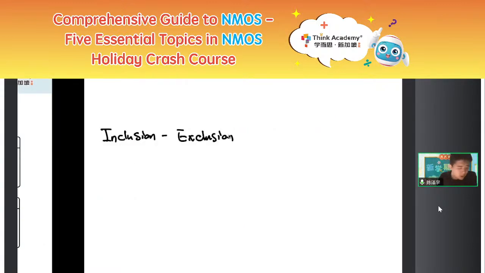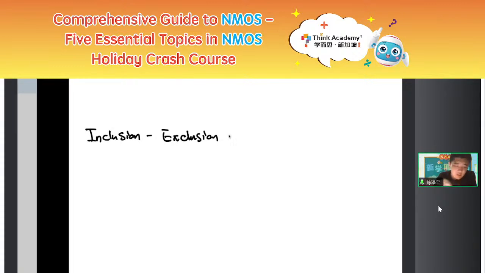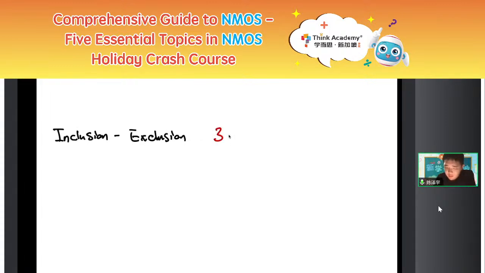But you see, it's already 3, right? So I've decided that why don't we just take a 4-minute break, guys? Let's take a short break, and we will be back at 3:04, where we can talk about inclusion and exclusion. A kind of fun topic and not that terrible a topic, right?